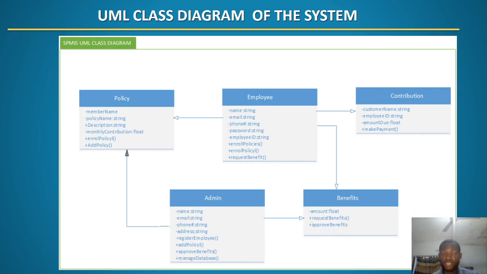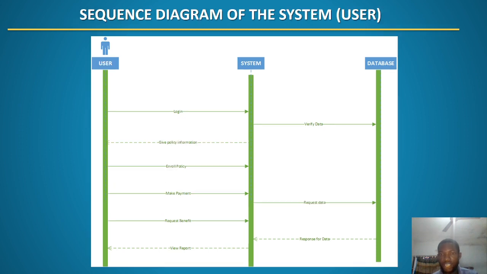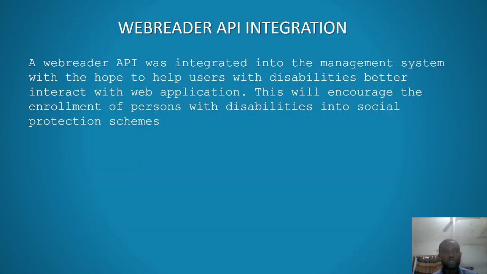It's just about the entities, how they inherit properties and methods from each other, and the relationship between these entities. I'm not going to talk much about the sequence diagram, so I'll move straight to the web reader API integration.